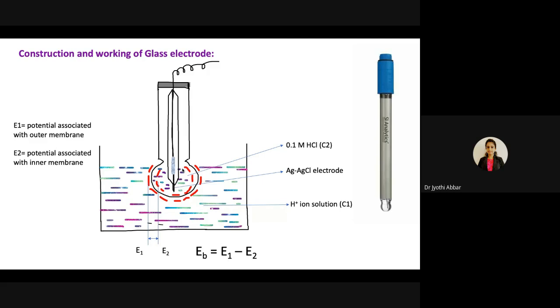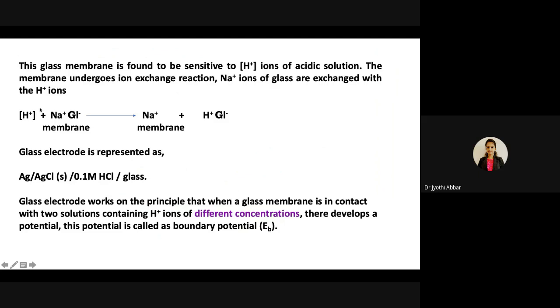The glass will give its Na plus ions and take the H plus ions. It exchanges the ions by undergoing the ion exchange reaction, thereby Na plus Gl minus, that is the glass membrane, gives its Na plus ions and takes the H plus ions from the solution.